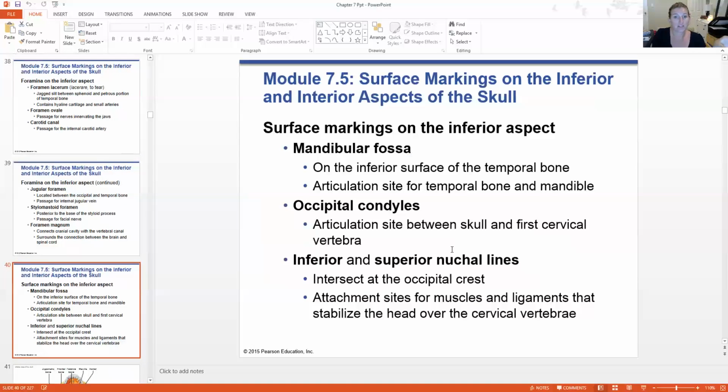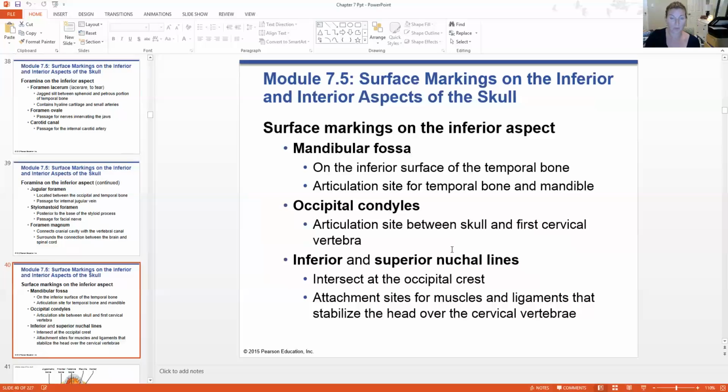And then you have fossas and condyles. These are just either rounded processes that are kind of projecting off of bones, allowing for articulation between either the skull and the vertebrae, or the temporal bone and the mandible. And the inferior and superior nuchal lines are on the occipital crest.